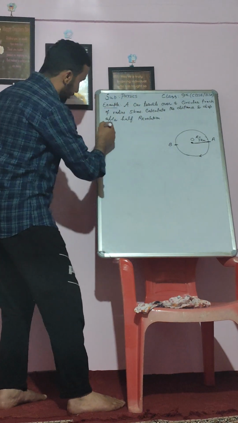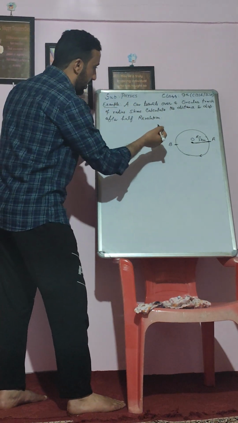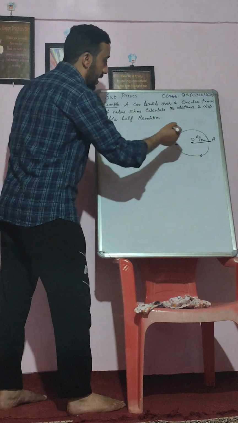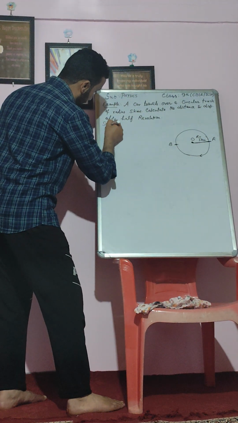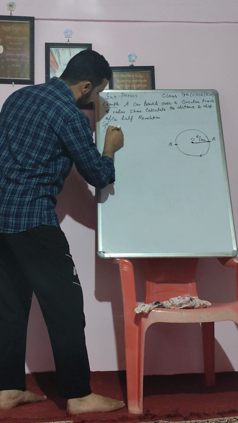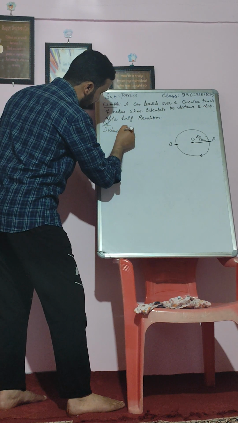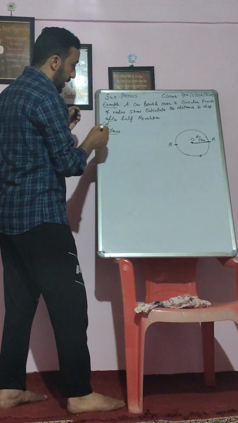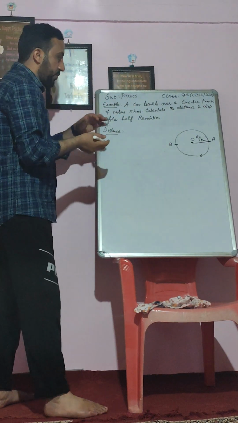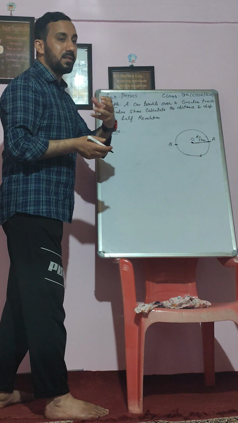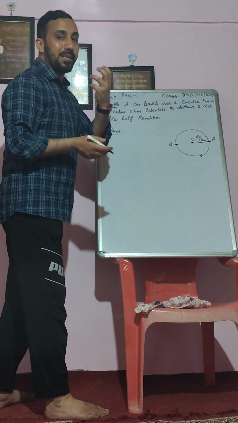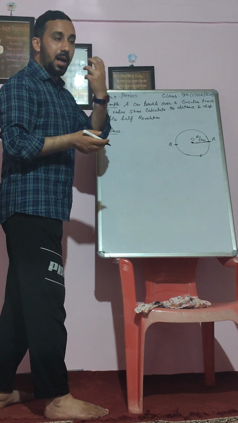Firstly, we will try to understand the actual value of the distance from point A to point B, the distance after half a revolution. As far as the distance is concerned, we have understood the definition: it is the actual length of the path.